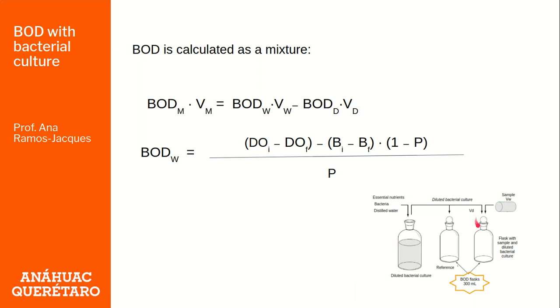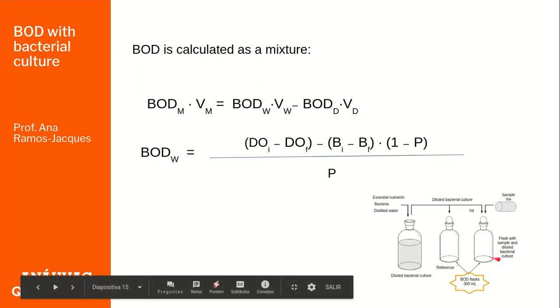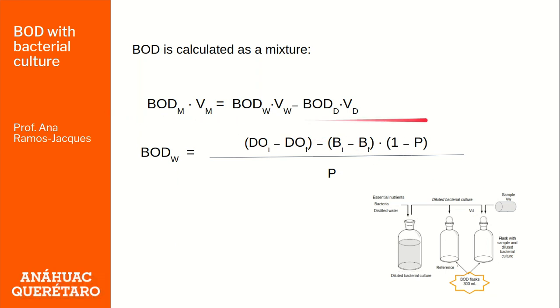So we introduce the sample and the diluted bacterial culture with a reference bottle. Then this is a mixture, and here we have the formula to calculate any of the parameters.